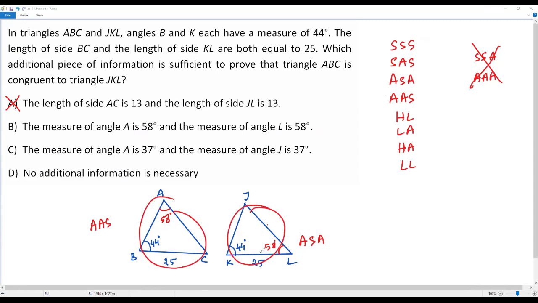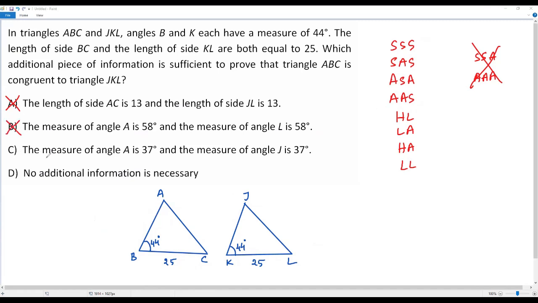If I want to prove these two triangles are congruent, I must have the same postulate or theorem in both triangles. But here we have two different postulates. So with the information in answer choice B, I cannot prove that triangles ABC and JKL are congruent. Let's reject answer choice B.